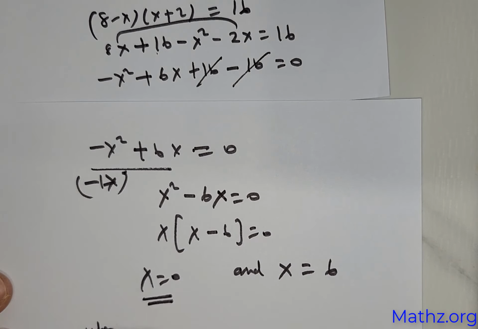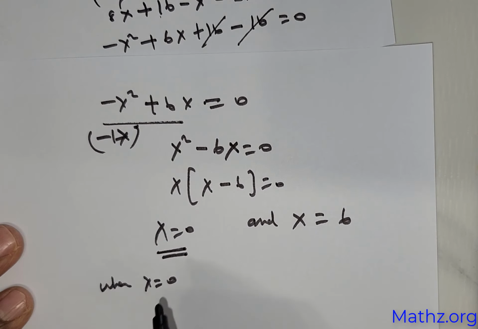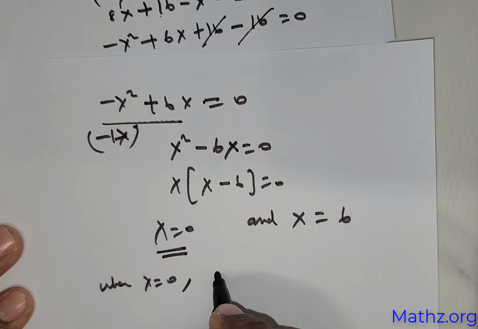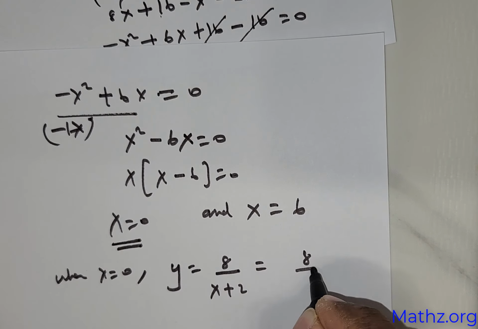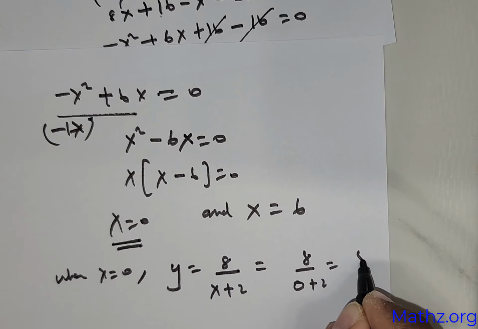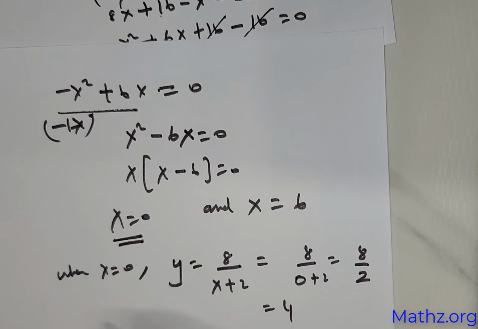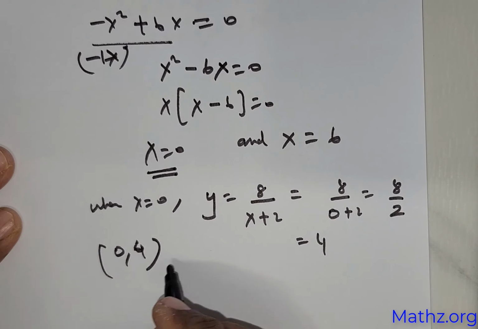Now when x is equal to 0, you need to get the value of y. So I'm going to utilize y = 8 over x + 2. So this would give me 8 over 0 + 2, 8 over 2, which is 4. So x = 0, y = 4.